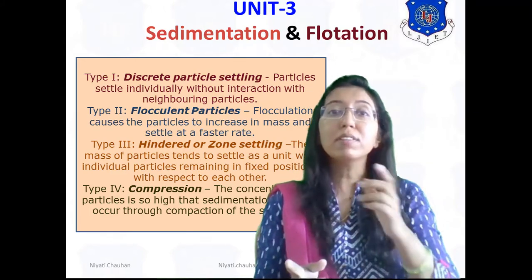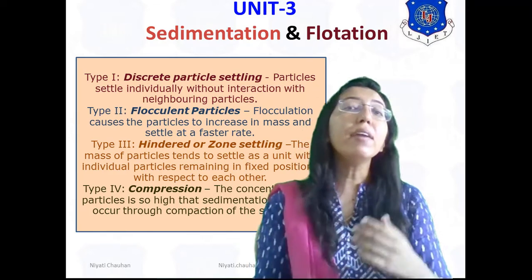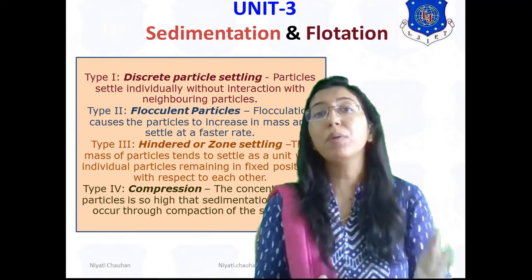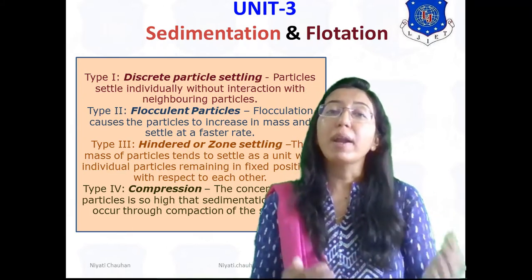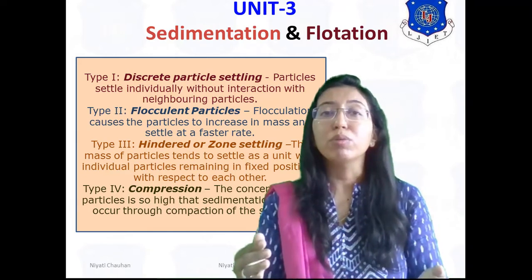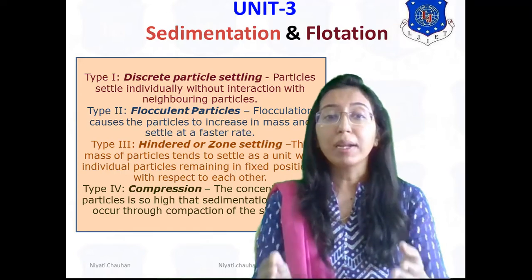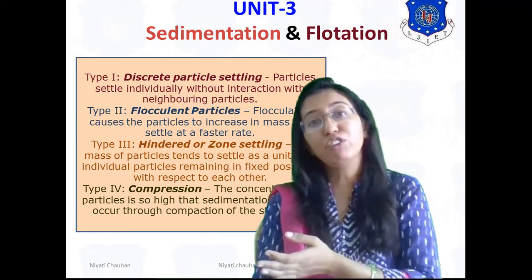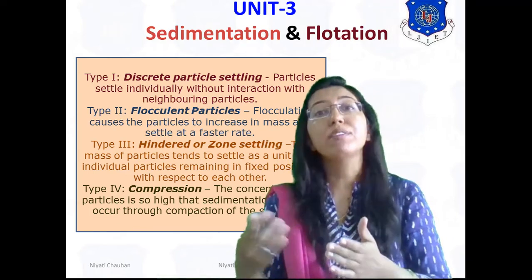So this is known as flocculant settling. Then hindered particle settling, sometimes known as zone settling. The mass of particles tends to settle as a unit, with individual particles remaining in fixed position with respect to each other. So this is known as hindered or zone settling.